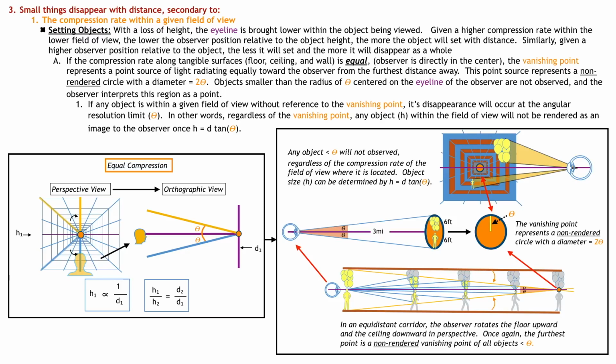So hopefully that makes sense. Again, the smallest point of light that is rendered to an observer is the vanishing point, and that is the furthest point that a person can see. But objects within any given field of view can be smaller than that point, such as a bug or a hair on the floor, and those items will disappear prior to a vanishing point.